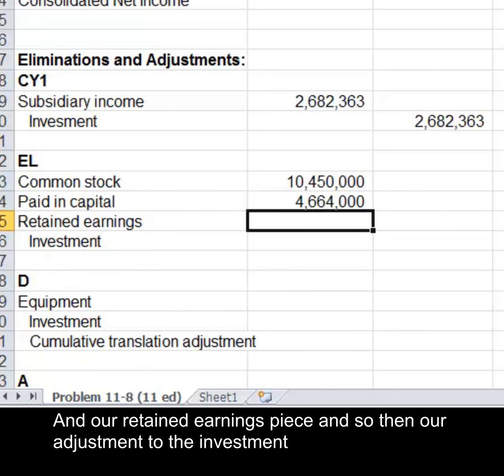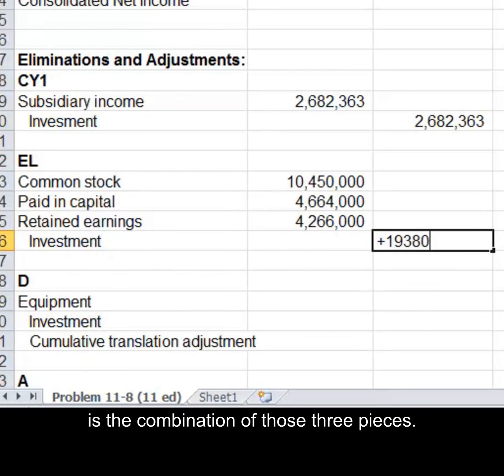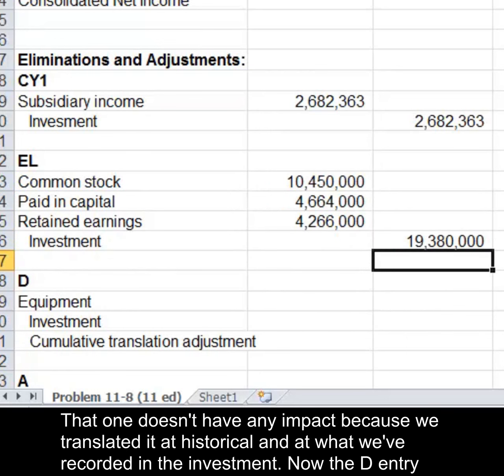And a retained earnings piece. And so then our adjustment to the investment is the combination of those three pieces. That one doesn't have any impact because we translated it at historical and at what we've recorded in the investment.